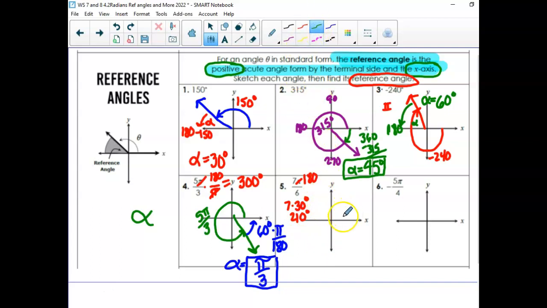Some of you are already reaching for the calculator. So 210 goes past 180 somewhere into quadrant 3. And we need to figure out how far past 180 it went, because that's our angle back to the x-axis. So if we subtract 180, we get 30 as the little reference angle in here.